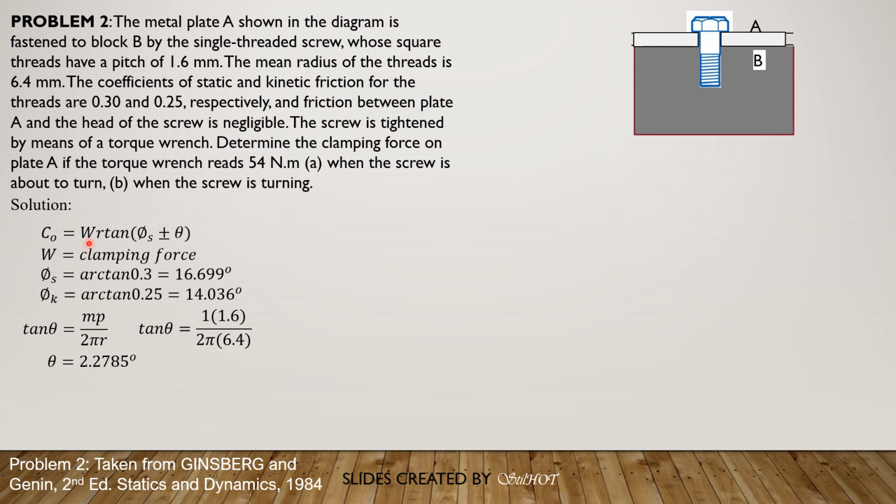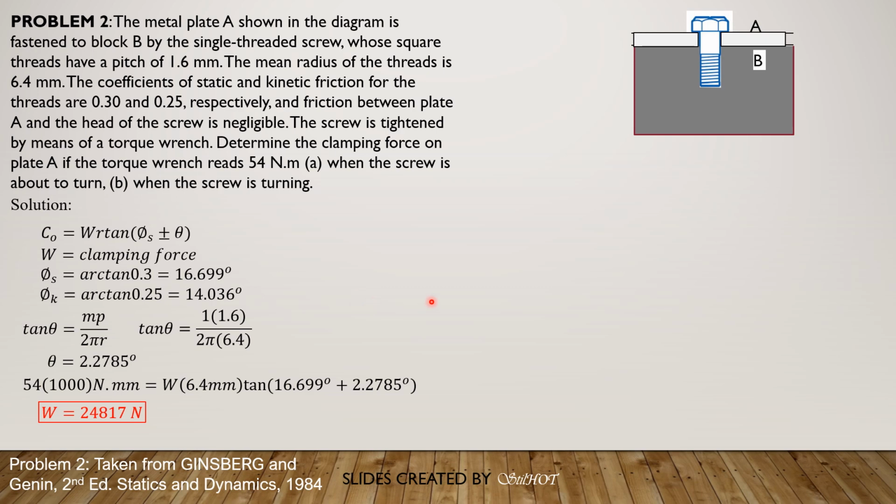Substitute into this formula here. C sub O is 54 Newton meter times 1000, so that the clamping force W is in newtons. So 54 times 1000 Newton mm equals W, times 6.4 mm, times tangent of 16.699 degrees plus 2.2785 degrees. Solving for W, W equals 24,817 Newton. So that is the clamping force.